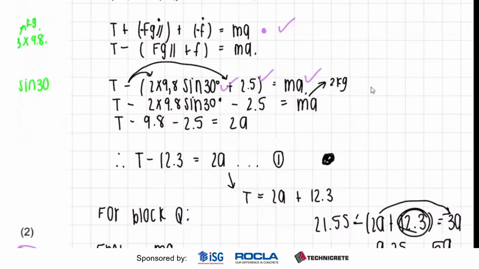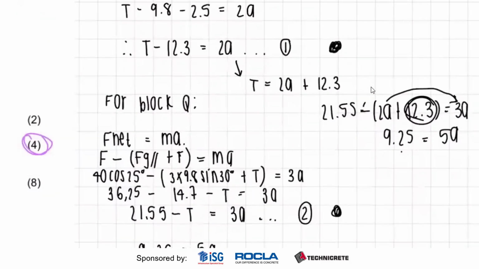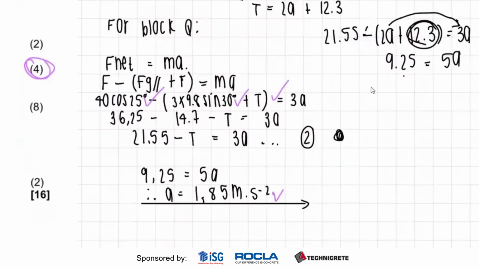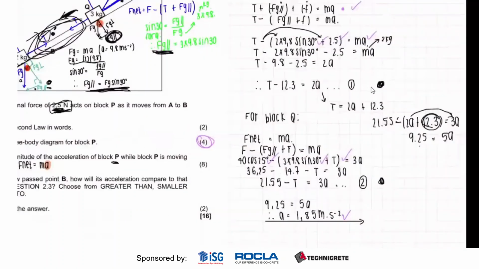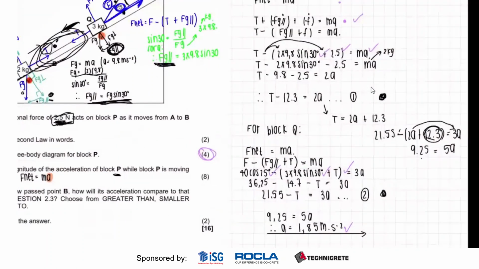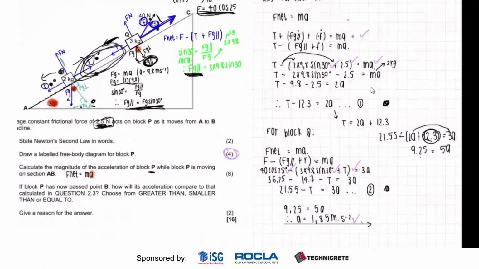We've got 4 marks already. Then we get a mark down here, one for the whole thing nicely, and then we get a mark at the end. So 1, 2, 3, 4, 5, 6, 7, 8 marks in total.